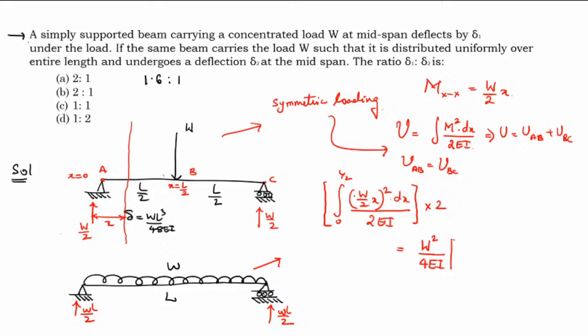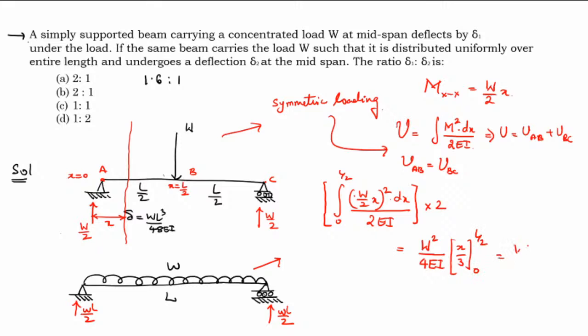And in the denominator, what I will be left with is 2 square into 8; 8 into 2 and 2 will be cancelled. This will be x cube by 3, from 0 to L by 2.